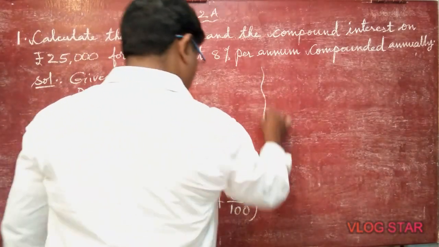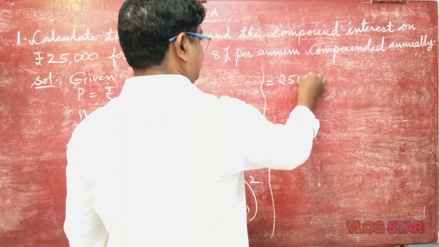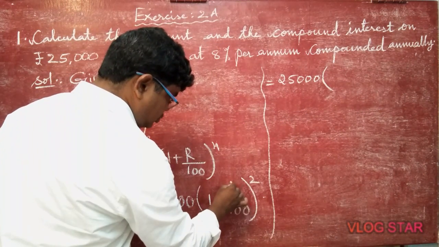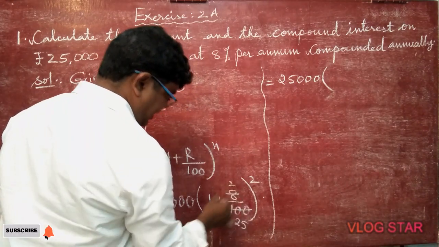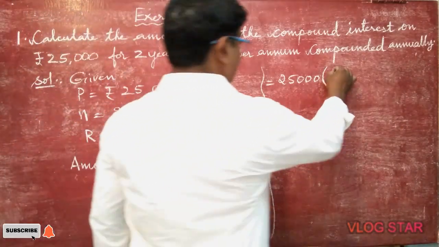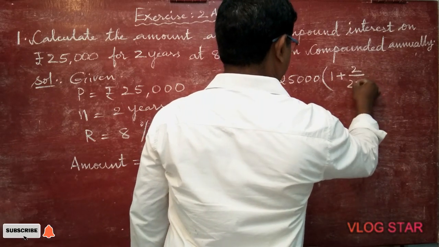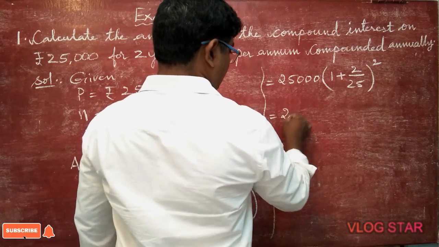Now that is equal to 25,000 into, 4 table goes: 4 2s are 8, 4 25s are 100. Now here we got (1 plus 2 by 25) whole square.